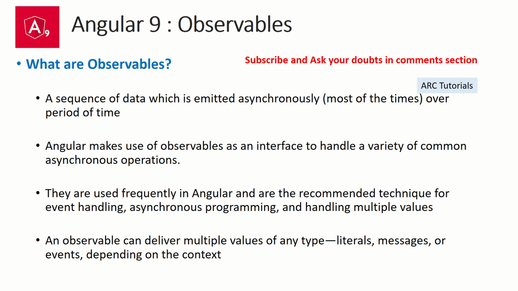Angular makes use of observables as an interface to handle a variety of common asynchronous operations. They are frequently used in Angular and are one of the recommended techniques for handling events, asynchronous programming, and handling multiple values. An observable can deliver multiple values of any type. It can be a string, it can be an event, etc., depending on the context.